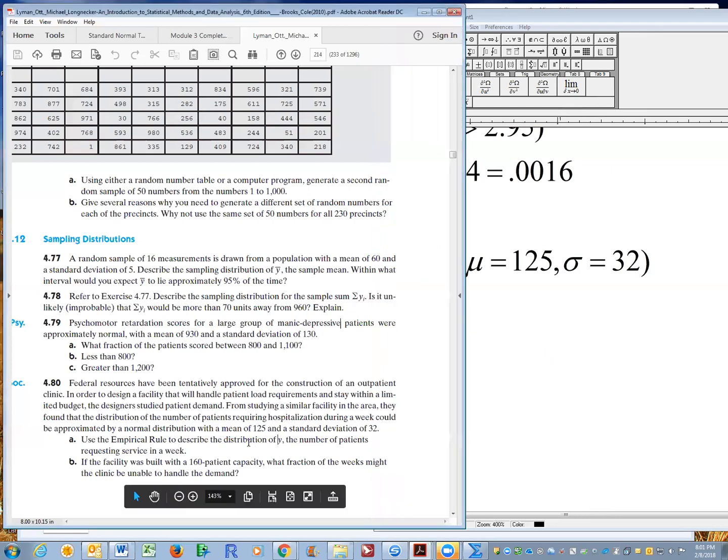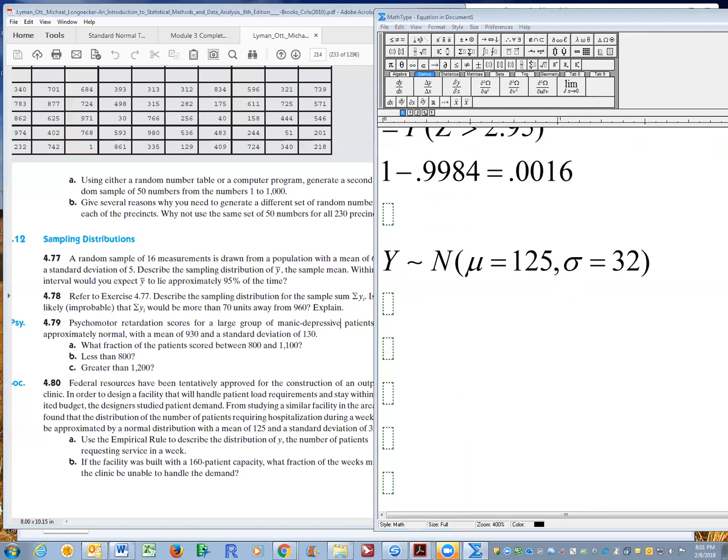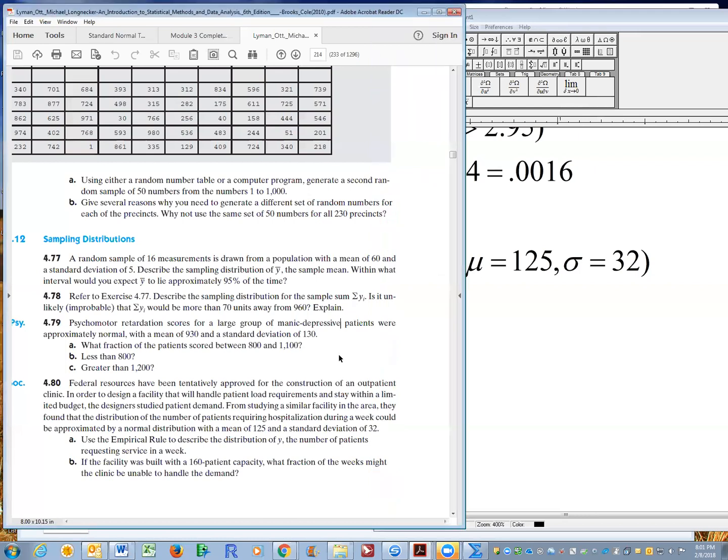So part B, if the facility was built with 160 patient capacity, what fraction of the weeks might the clinic be unable to handle the demand? Here we're looking at the probability that the Y value would exceed the 160. Where does the 185 come in? Oh, on 5B, it says if the facility was built with a 185 patient capacity.